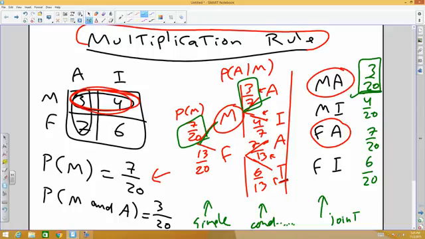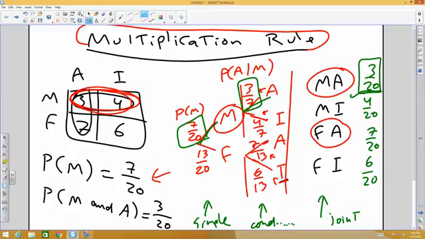So this branch, how do you get this outcome? It comes from the first step here and the second step here. This branch that leads to this outcome has probabilities, and if you multiply them, it gives you the outcome probability. And this is exactly what the multiplication rule is. The multiplication rule is that to get any outcome, just multiply. We just discovered that.